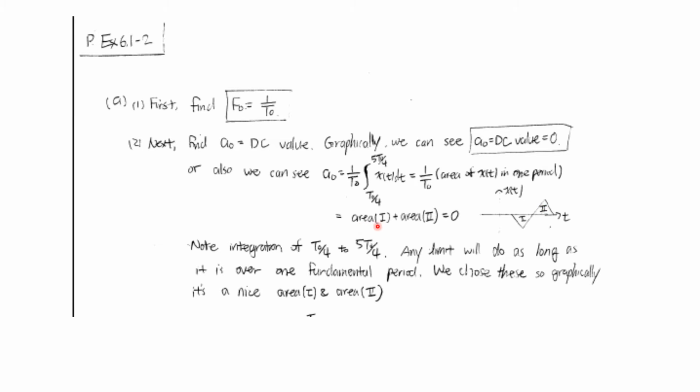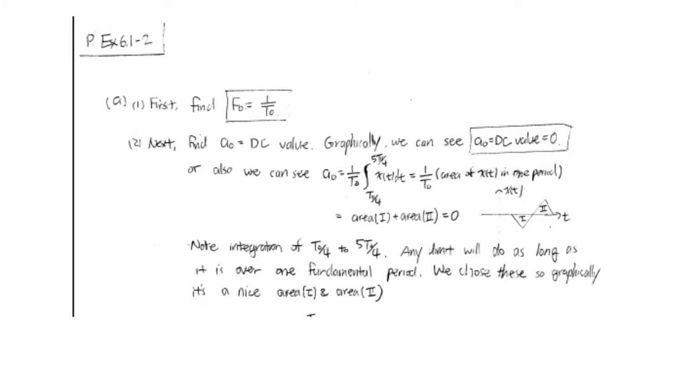So when you integrate across both of them, you're going to get 0. So again, as long as it goes over one fundamental period, you're good. We just chose these limits because graphically you can see this area 1 and area 2 relationship here and here.